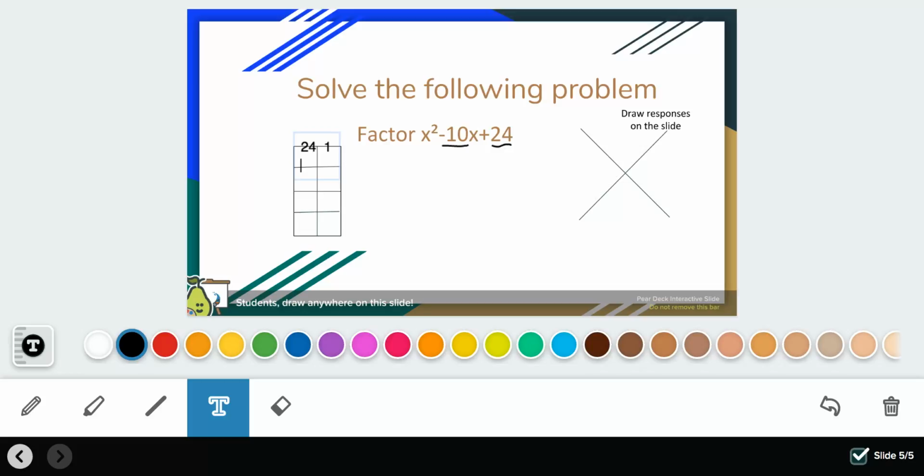And 1. What are the other factors of 24? I can do 12 and 2, right? 12 and 2. I can do, let me see, 8 and 3.